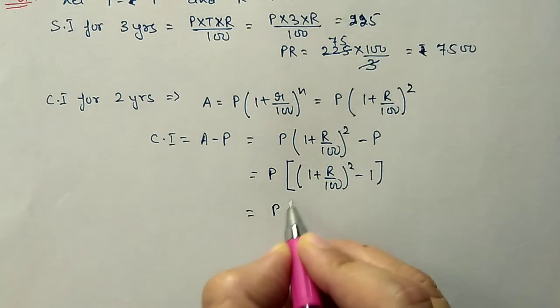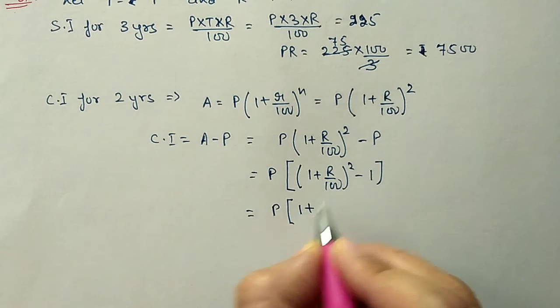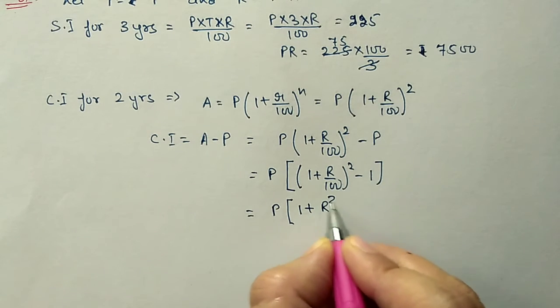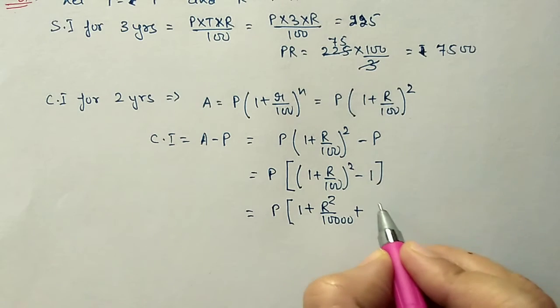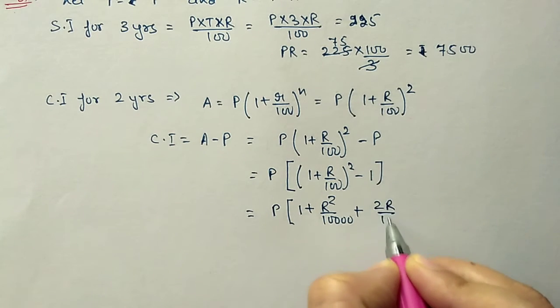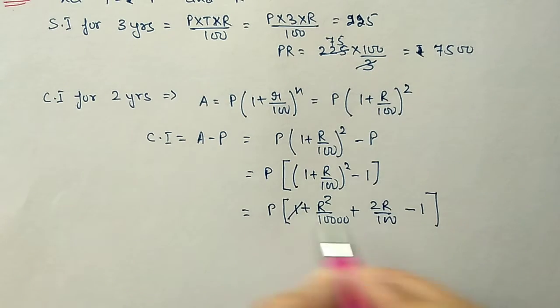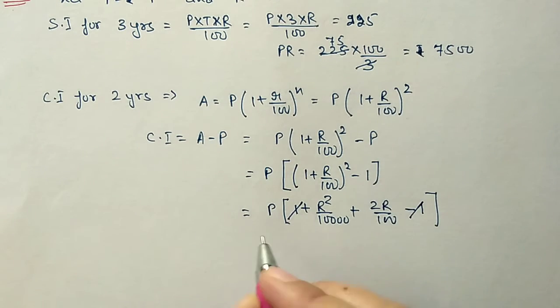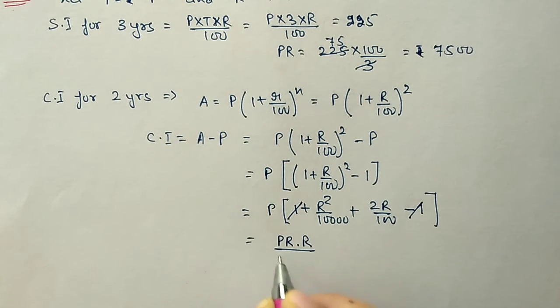Now this bracket with the help of the A plus B whole square formula we have to expand. So we will get here P, 1 square is 1, then second this square, R square by 10,000, plus 2AB, means 2 into R by 100, and minus 1 as it is. So this plus 1 and minus 1 we can cancel out and now you can multiply P with this. So first we will get PR square, which I am writing as PR into R by 10,000.